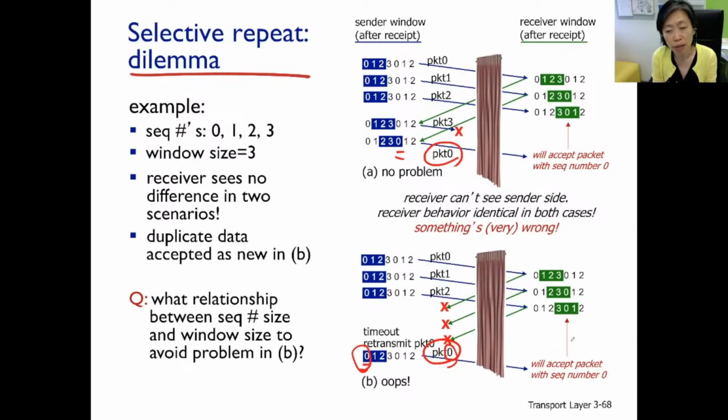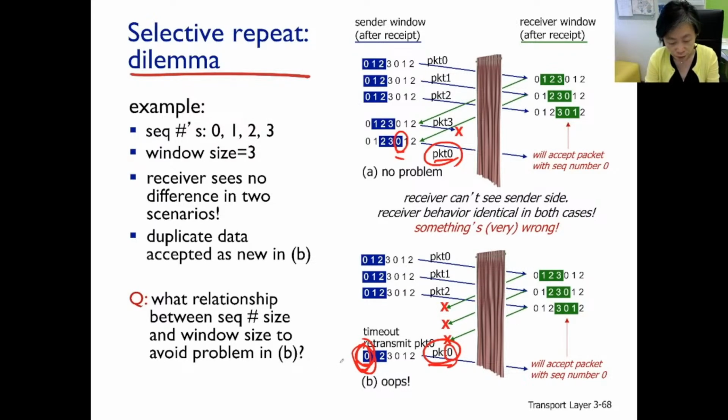So in order to tell this packet 0 and this packet 0 apart, we have to think, what is the worst case? Can we use a sequence number such that we will not be confusing this packet from this packet? So a new packet should be carrying a sequence number that's farther away from an earlier packet.